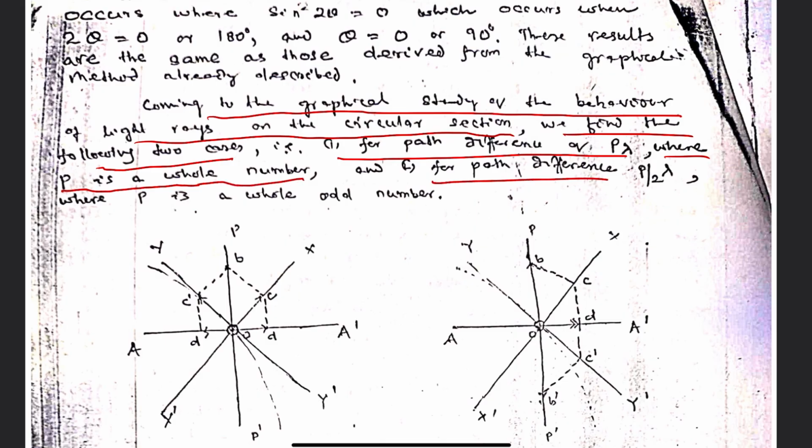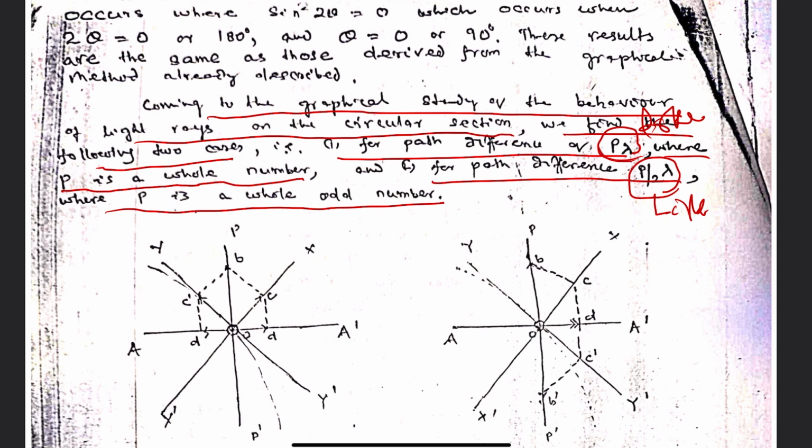In case 2, the path difference is p by 2 lambda, where p is a whole odd number. For one case there is darkness, for the other there is light. Light is seen here, here darkness.